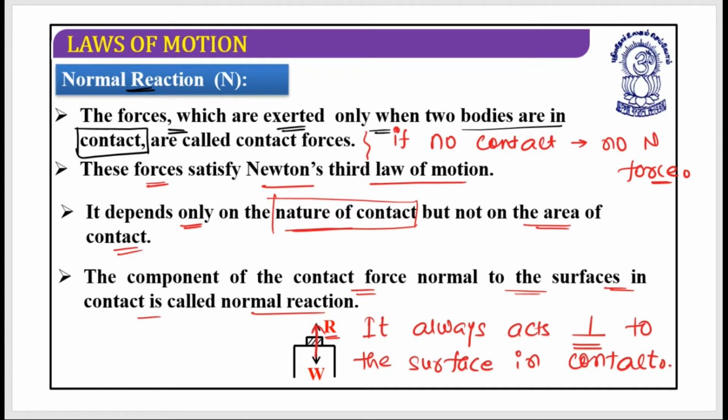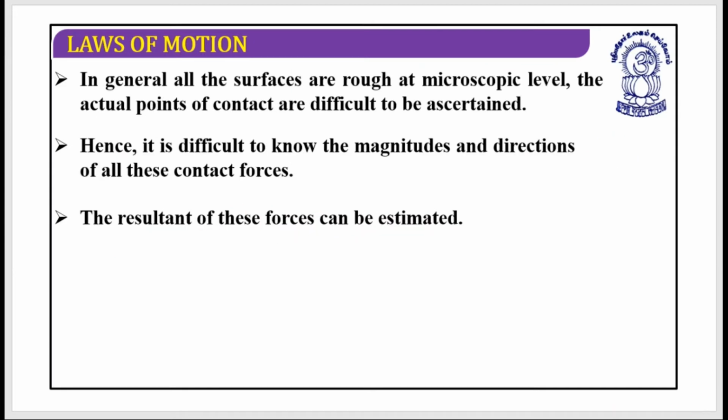So this is to be remembered. First thing, very important, it does exist when there is a contact. It does not exist when there is no contact. And second thing, it always acts perpendicular to the surface in contact.